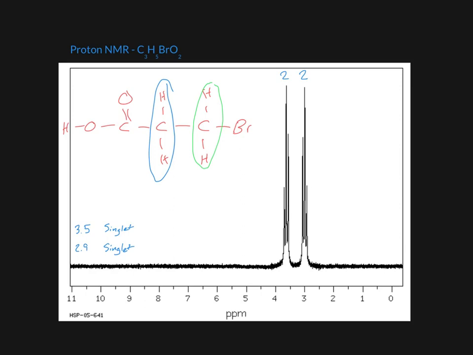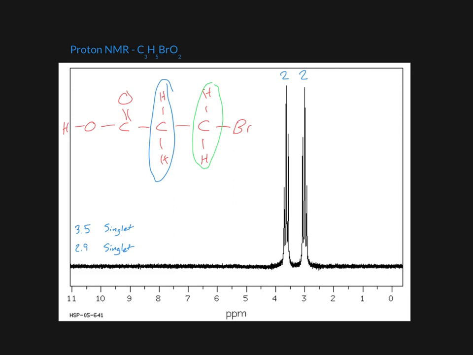Now we can also find out that we have 2 hydrogens in each of the environments, which corresponds with both of our peaks and integration numbers. Now, the blue highlighted environment is closest to the oxygens, which will result in a downfield shift to the left.